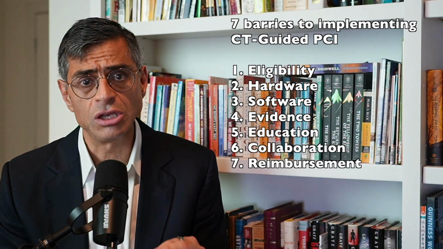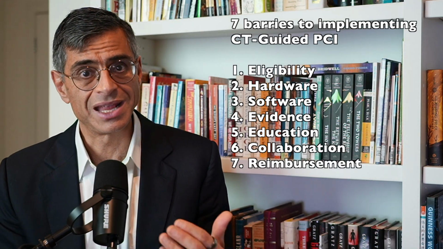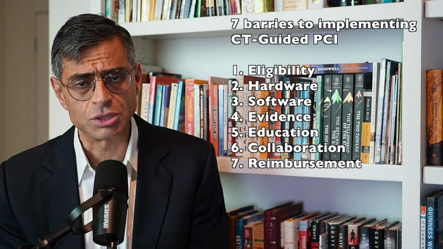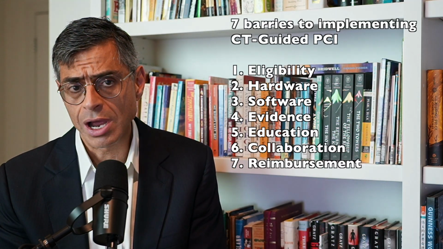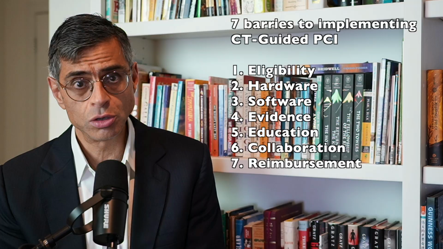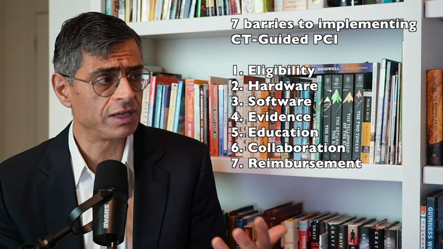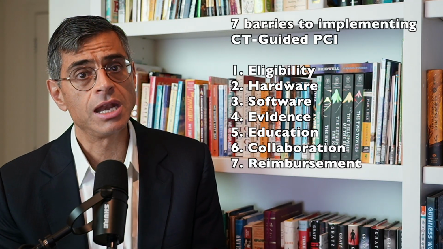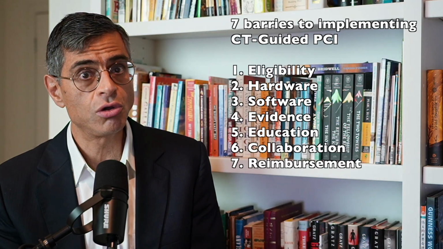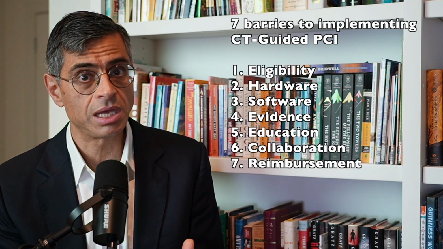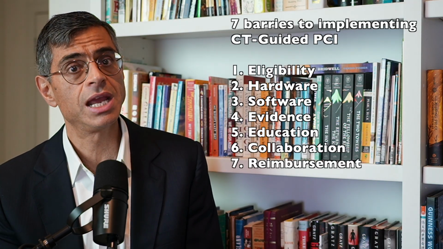Some more studies need to be done to get the data needed to implement this more. Then we have the need for education, more courses, more exposure of interventionalists to the field. Then collaboration is critical. Get to know your imager and work with him or her closely. And seven, getting reimbursement will help the field go forward.